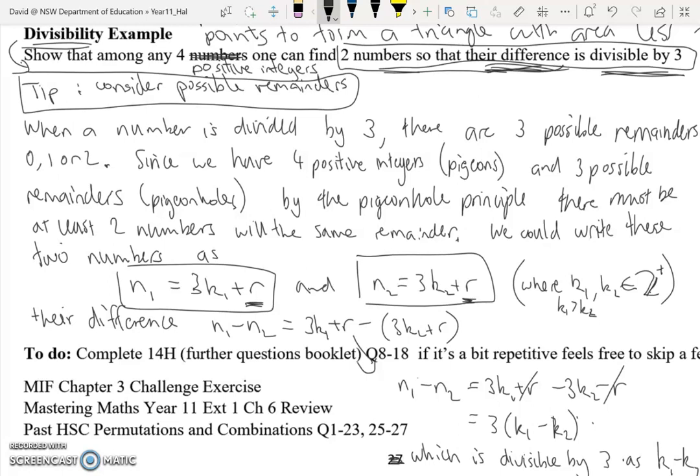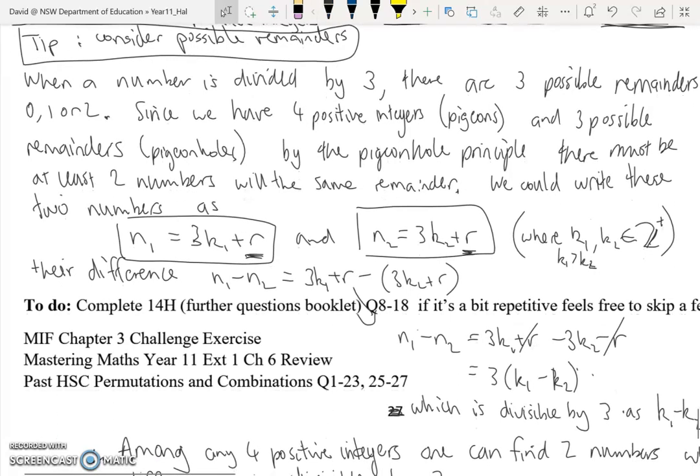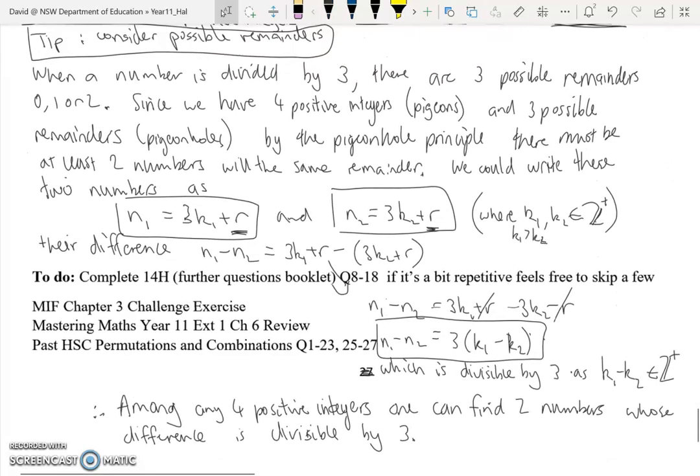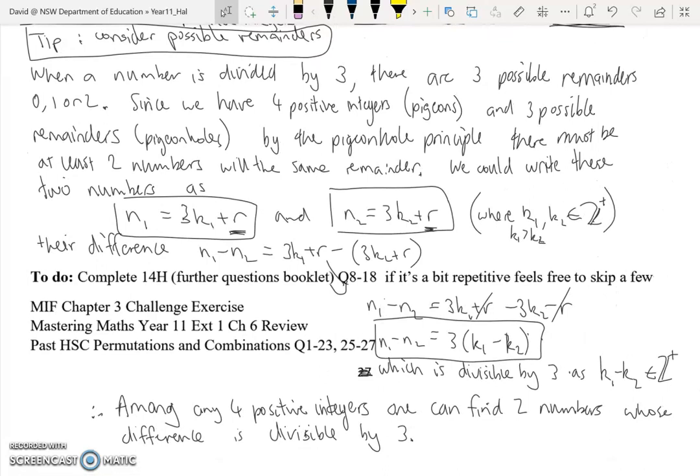Now we're going to consider their difference and show that it's divisible by 3. So we subtract these 2 expressions, we do a bit of cancelling and we see that n1 minus n2 is equal to 3 times something, and that something is k1 minus k2. Because k1 and k2 are positive integers, k1 minus k2 will also be an integer, and because k1 is bigger than k2, it'll be a positive integer.